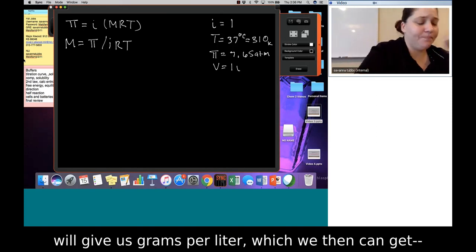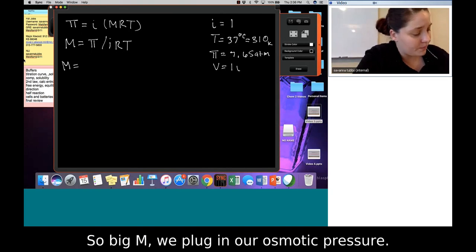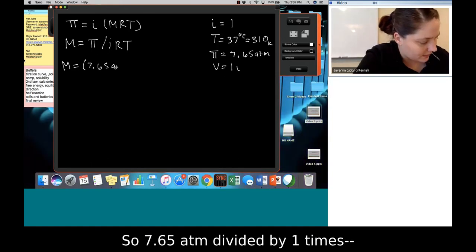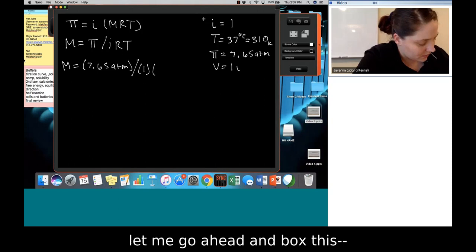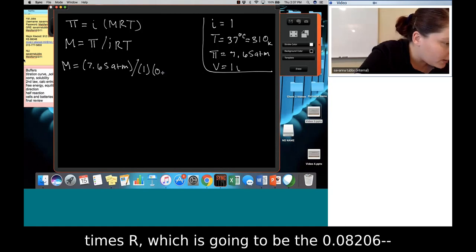Which we then can get, or sorry, not grams per liter, moles per liter, where we can convert moles to grams. So big M, we plug in our osmotic pressure, so 7.65 atm divided by 1 times, let me go ahead and box this, times R, which is going to be 0.08206.